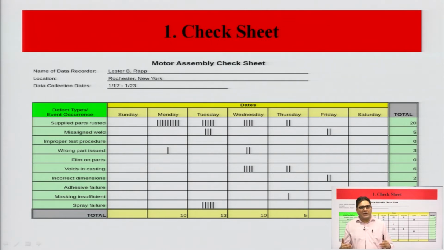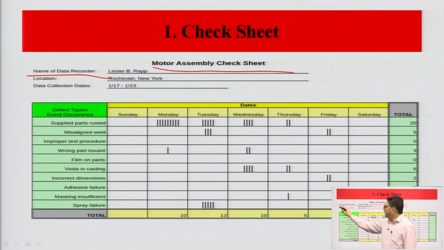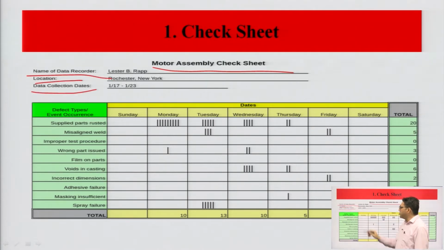A manufacturing organization can maintain a check sheet like this. It has the name of the company, the name of the data recorder, the location, and the date on which the data has been collected. These are the variables based on which we want to collect our data.